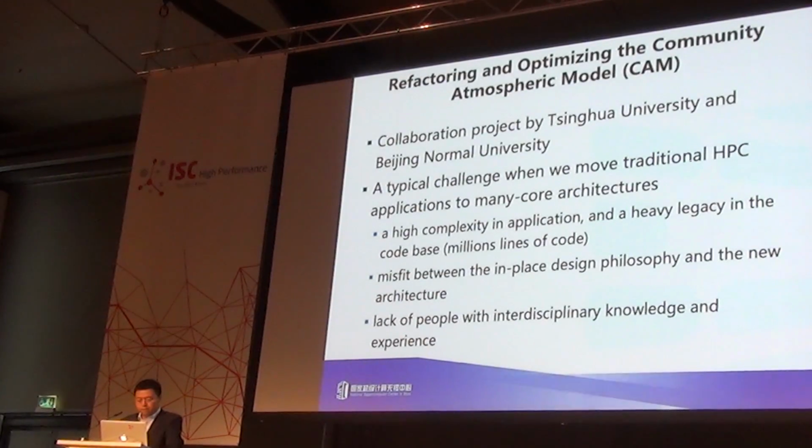So for these traditional HPC applications, usually there's a lot of complexity in the application, and usually we have a heavy legacy in the code base. Like for the climate models, they are usually in the range of millions of lines of code. So obviously we can't do all of these jobs manually, and we need some automated tools to help this process.